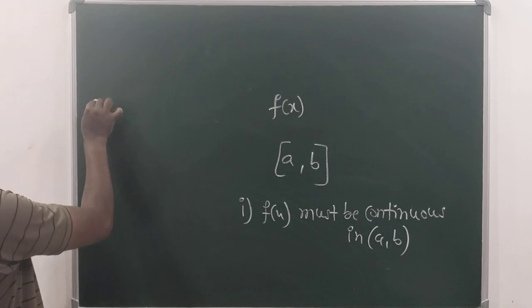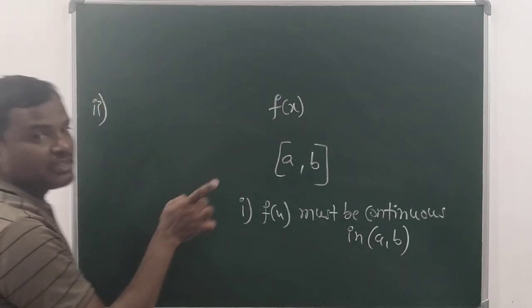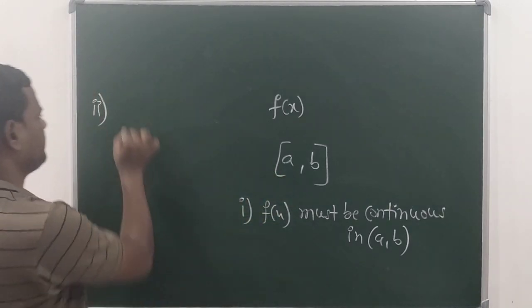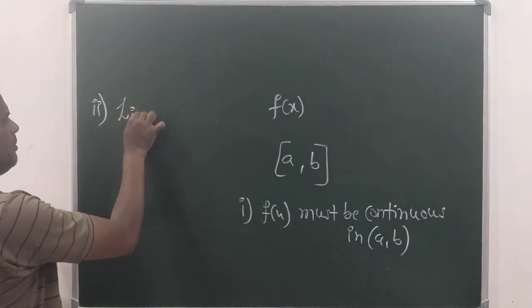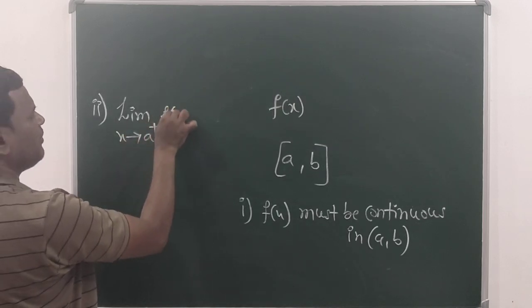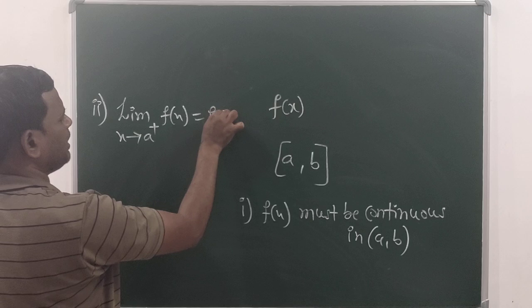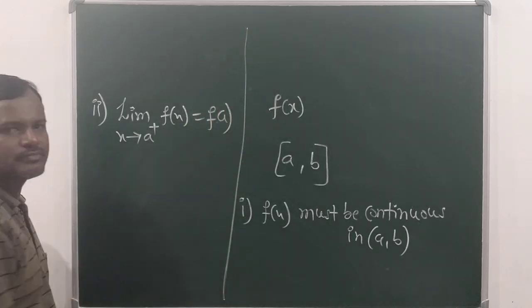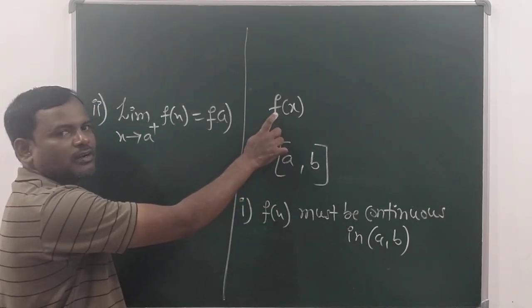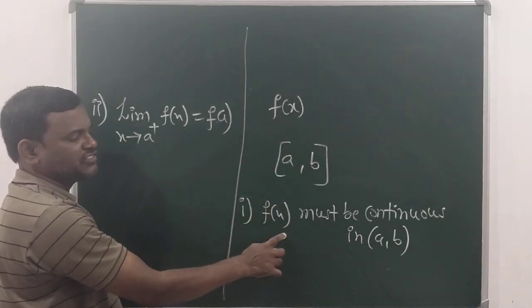And the second point is that the function must be right continuous at a. Limit x approaches a plus of f of x is equal to f of a. So this is the first point which has to be satisfied.